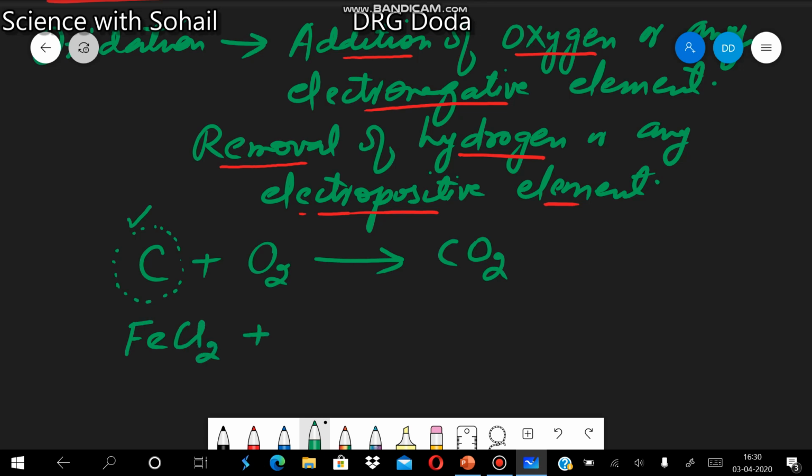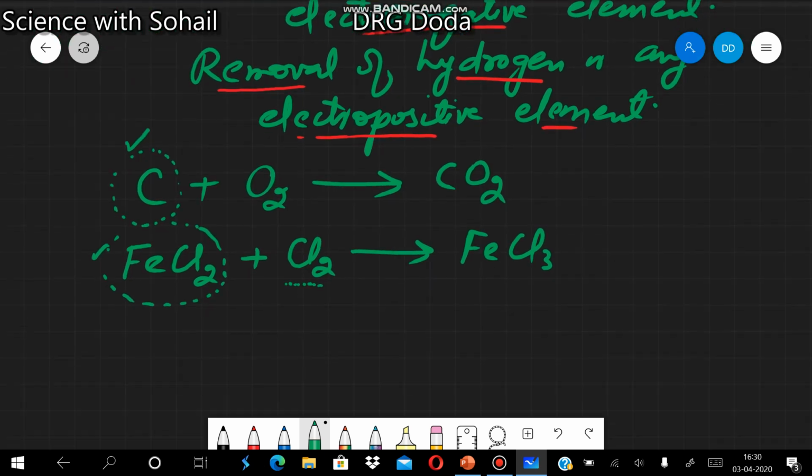FeCl2, that is ferrous chloride, combines with chlorine and we get ferric chloride. Now in this case you can see that ferrous chloride undergoes addition of chlorine. Now since chlorine is an electronegative element, so we can say that ferrous chloride undergoes oxidation.